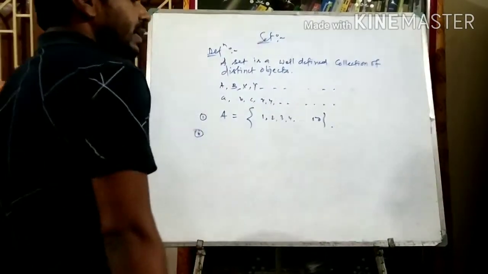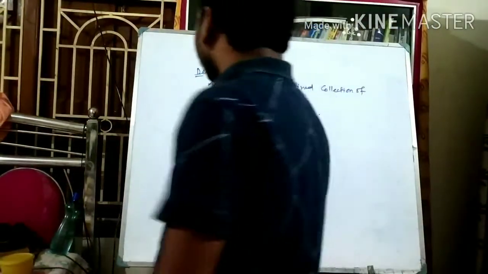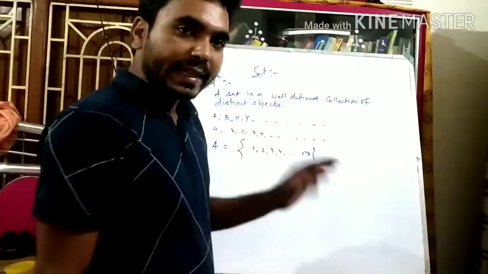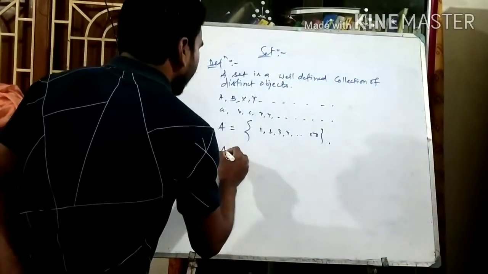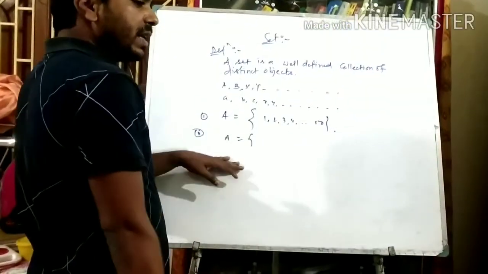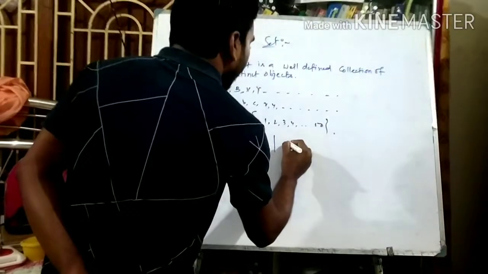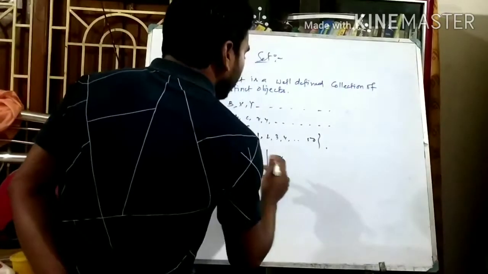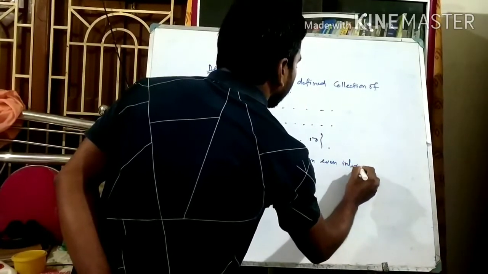Number two: if all the elements of a particular set are not known, or are infinite or uncountable, then that set can be represented by a common characteristic of all the elements. Suppose A is a set given as A = {x such that x satisfies some certain condition}, for example x such that x is an even integer.